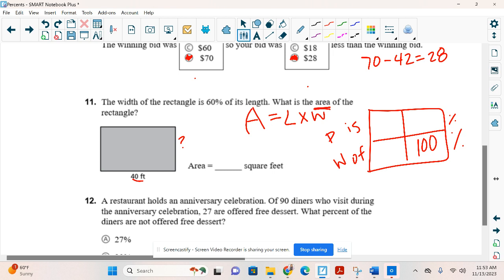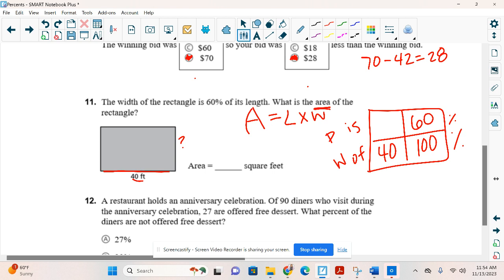You can put your 60% in the other percent box. All right. Your 40 would go in the whole, because after the 60 it says part. And it's your whole, right? Because which is going to be longer, the width or the length? The length is longer, which is what this 40 represents.